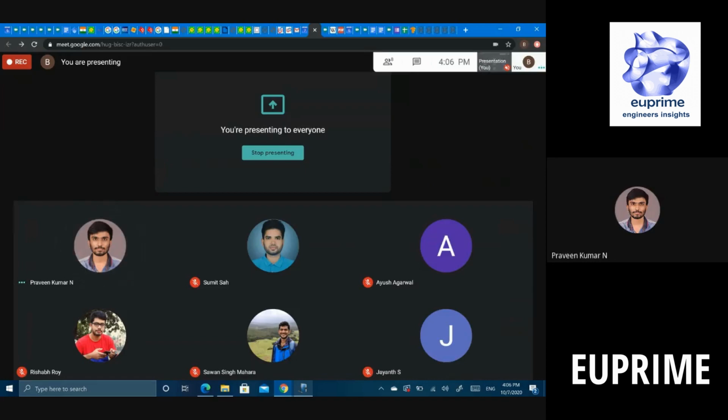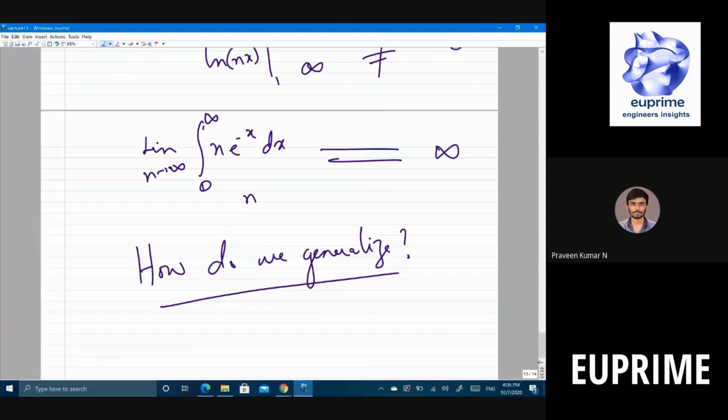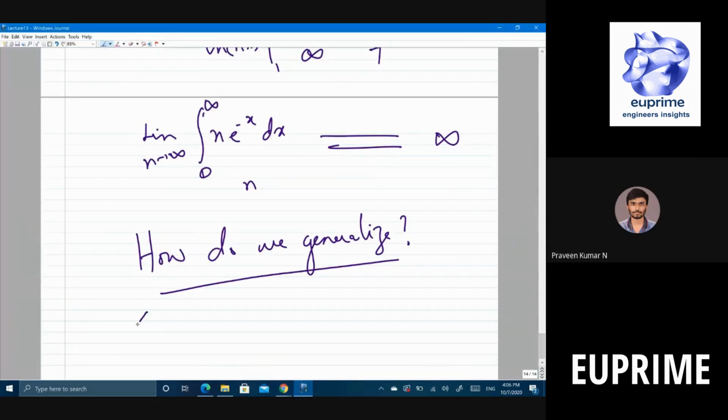I took 1,000 random variables, X1 to X1000, exponentially distributed, with a sample size of 10,000. Then I added them column-wise. Each Xi contains 10,000 samples.